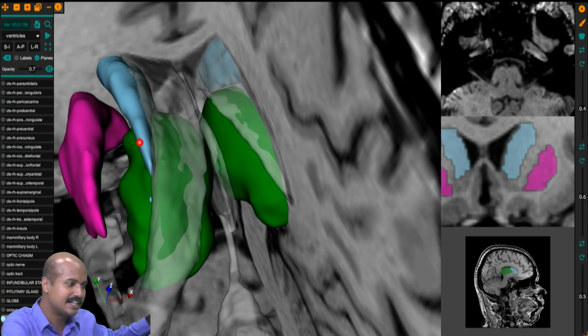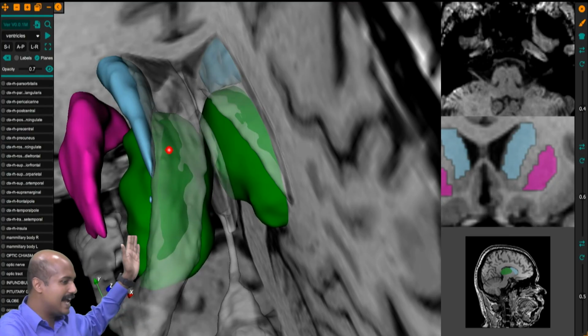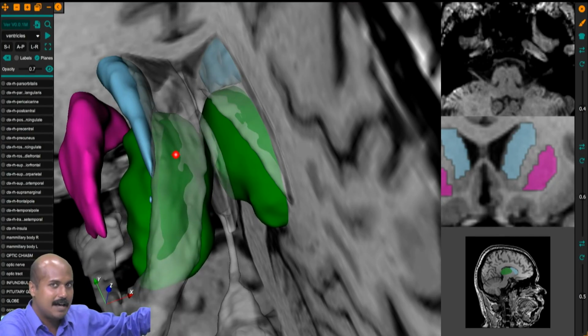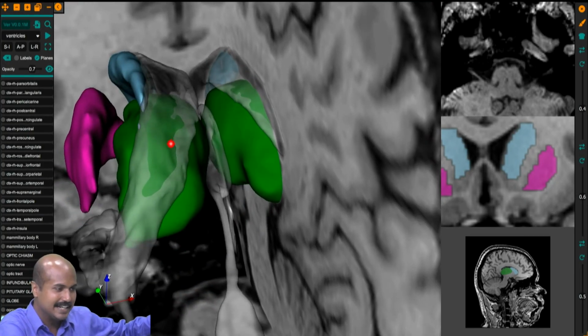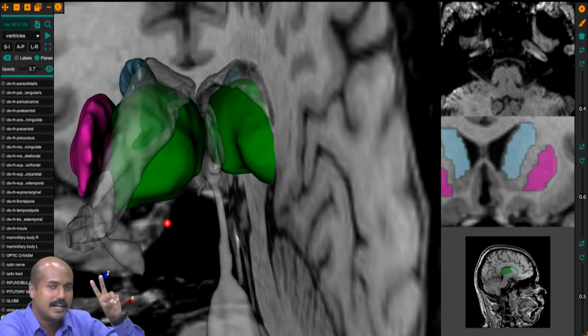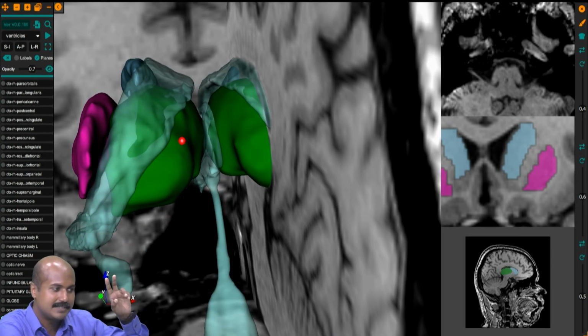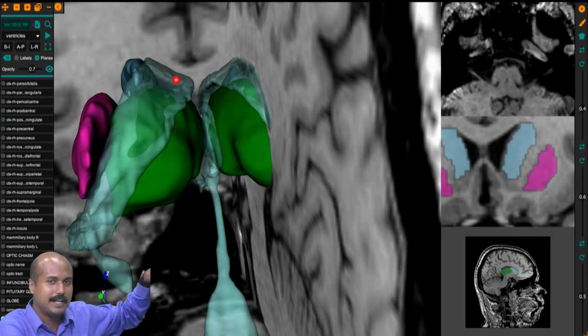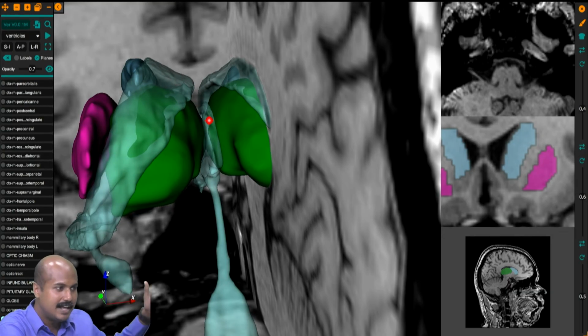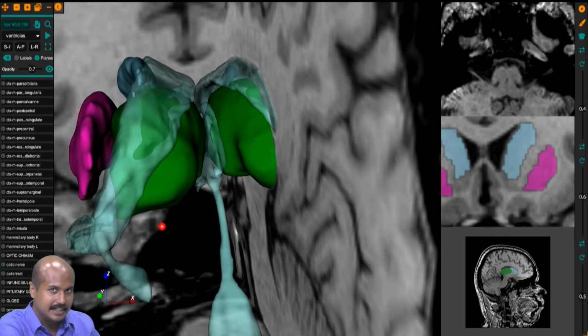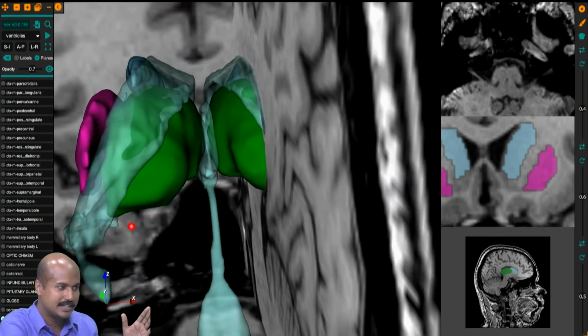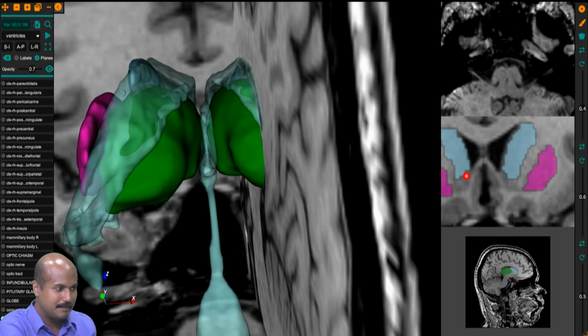Inferiorly it is related to the body of the caudate laterally and the thalamus superior surface medially. So did you understand the dual relation of the thalamus? The thalamus is related superiorly with the body of the lateral ventricle and medially with the third ventricle. So this orientation is very clear in this imaging.